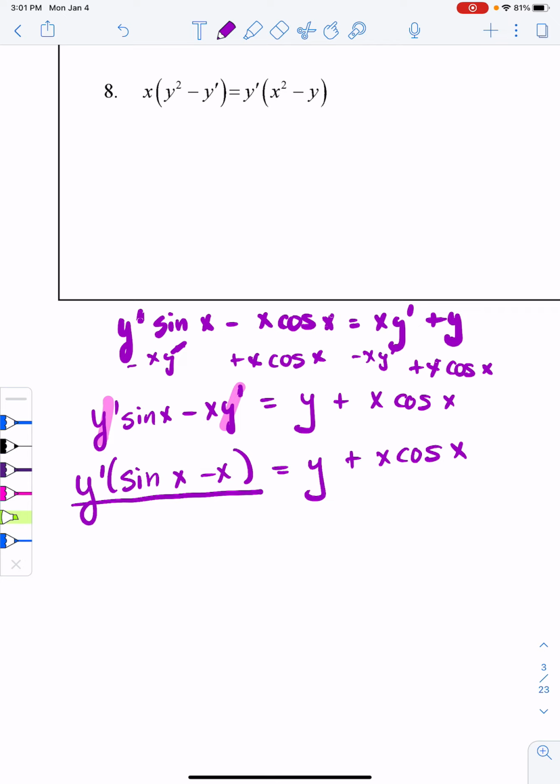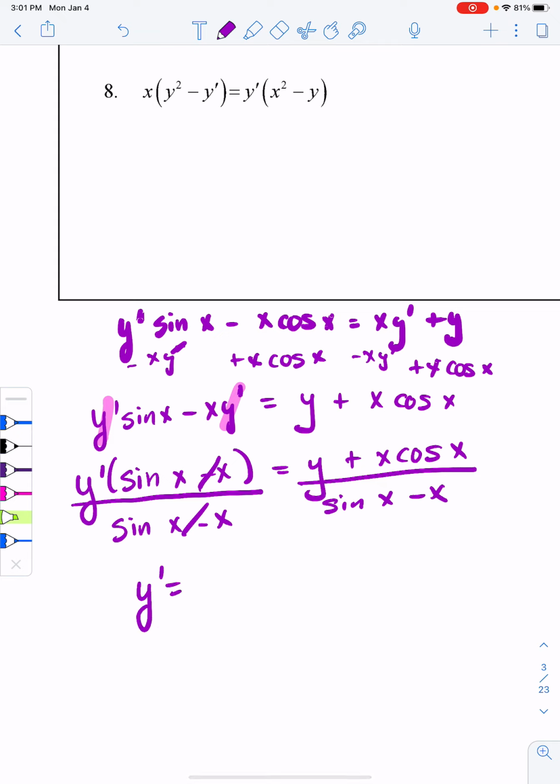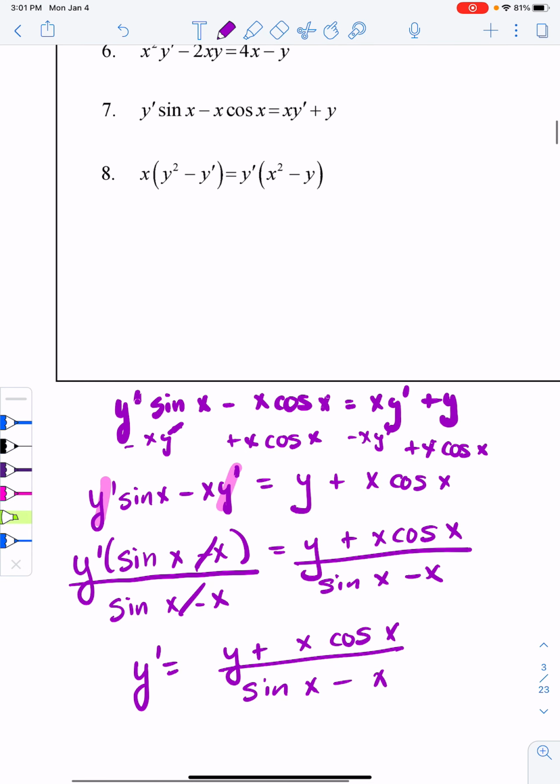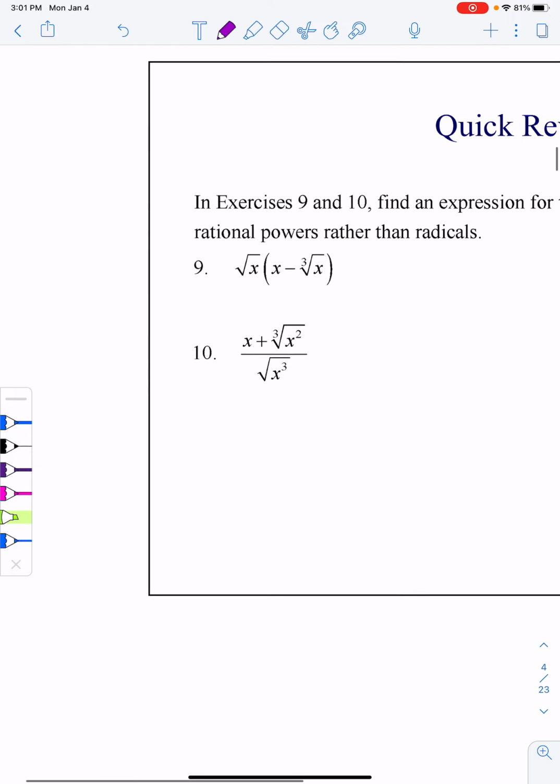So you would divide both sides by sine x minus x, and that will get you what your y prime is equal to. So you've isolated that y prime. And so there's another one of those to try there. You might have to distribute and then gather your y primes and do the same thing. I've attached the answers to this too.